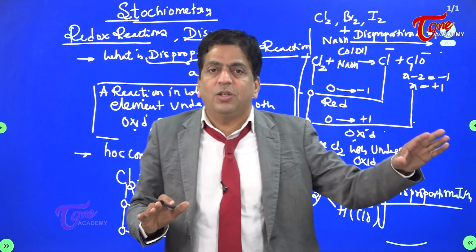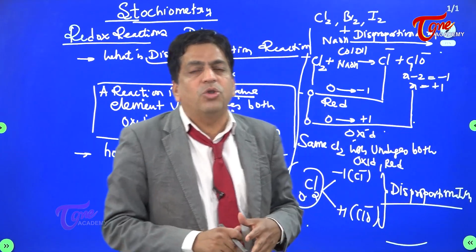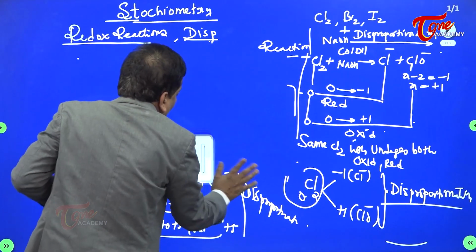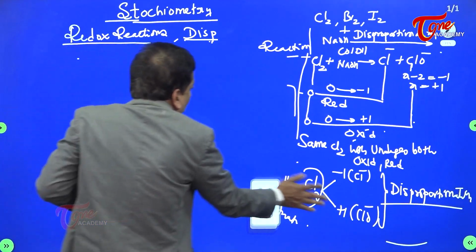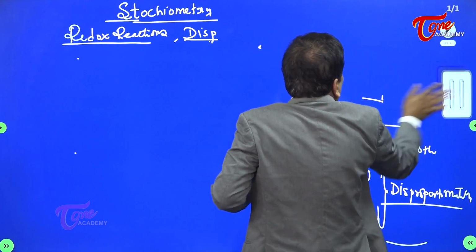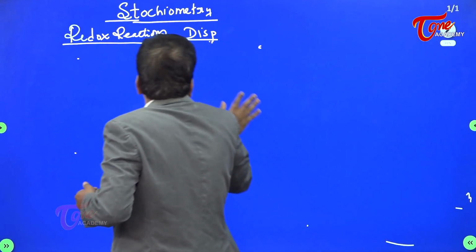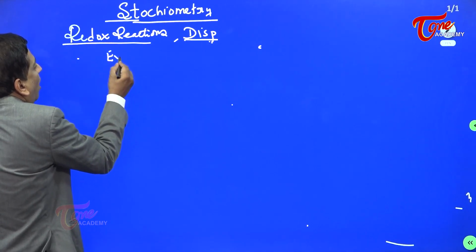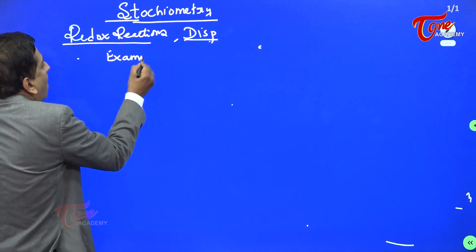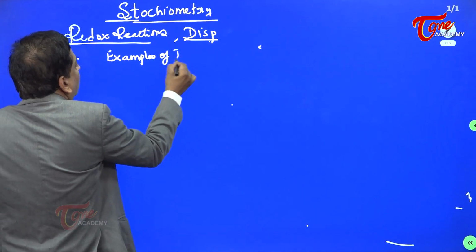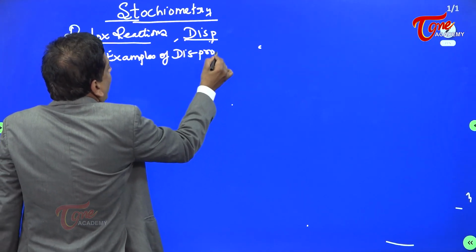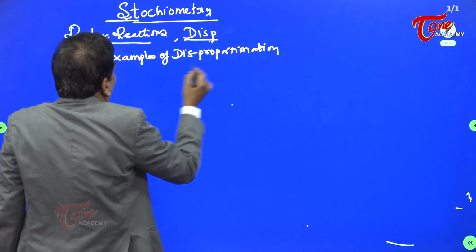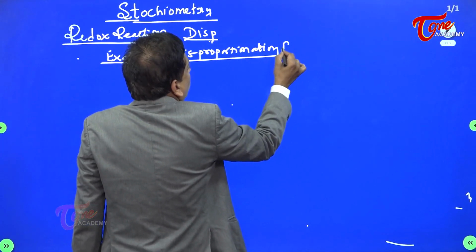You check out, one is disproportionation, the other is not a disproportionation. Watch carefully here. Suppose I compare both these side by side, to avoid any confusion, what I'm doing is giving you examples of disproportionation reactions.